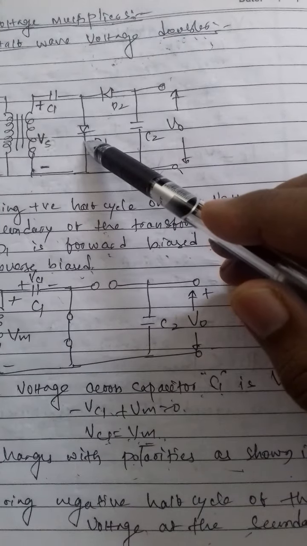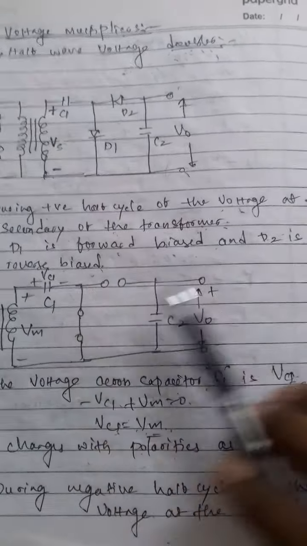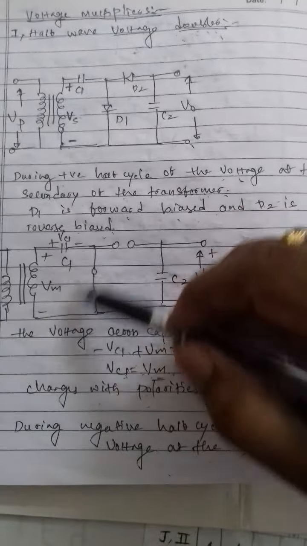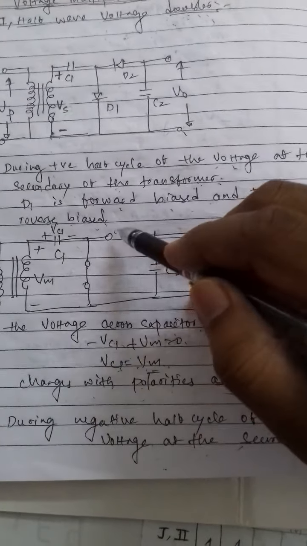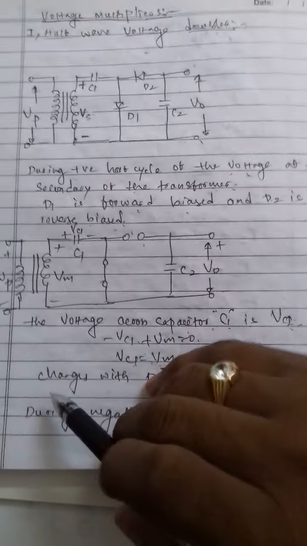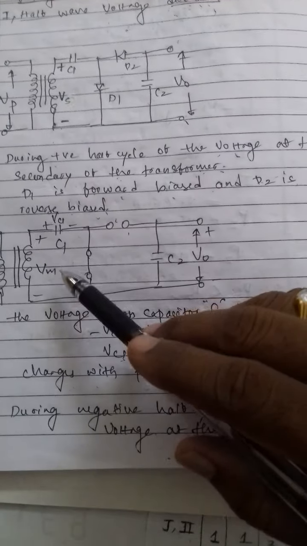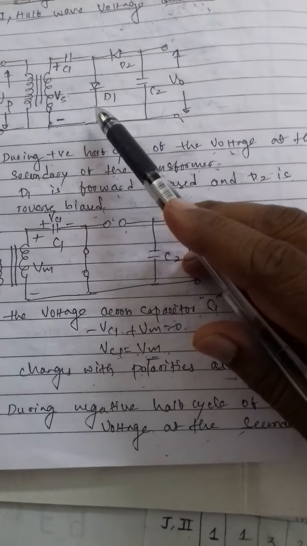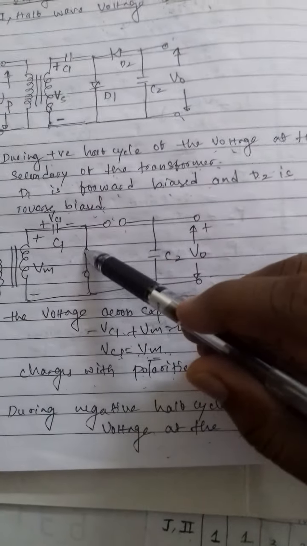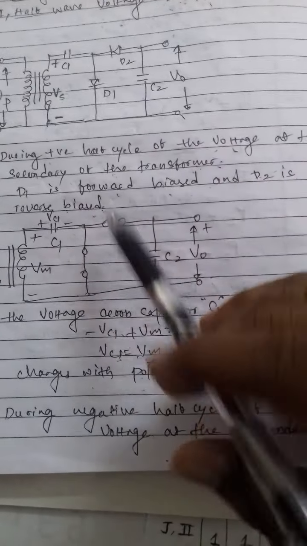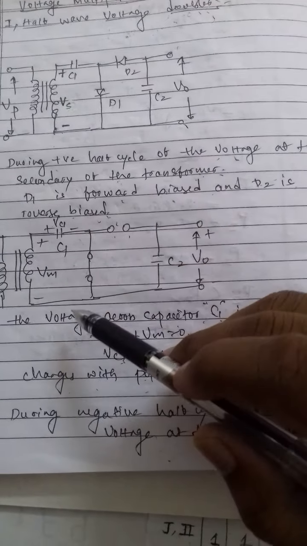D1 is forward biased, so it is short circuited. D2 is reverse biased, so it is open circuited.